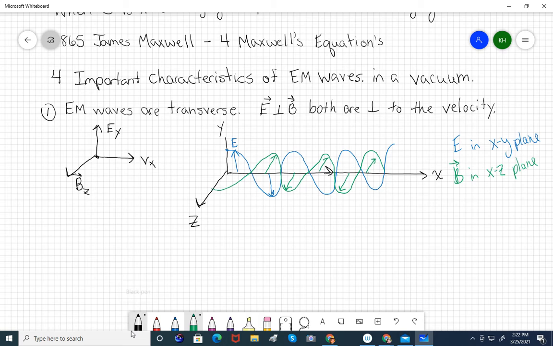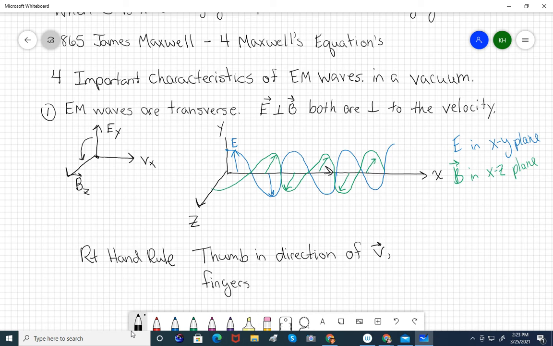There is a right-hand rule for determining this relationship from E to B. You put the thumb of your right hand in the direction of the velocity, and then the fingers will curl from E to B. Notice if you look at the picture, you hold up your right hand, you put your thumb in the point of X. When E points up, the fingers curl towards the positive z-axis.